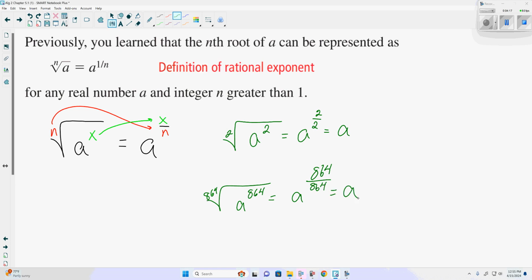This is why it cancels out, why it simplifies to 1. All right. Questions on this here? We're ready for the next one.